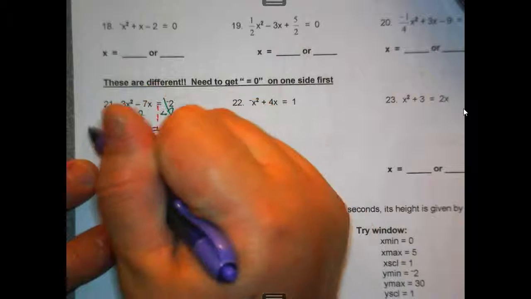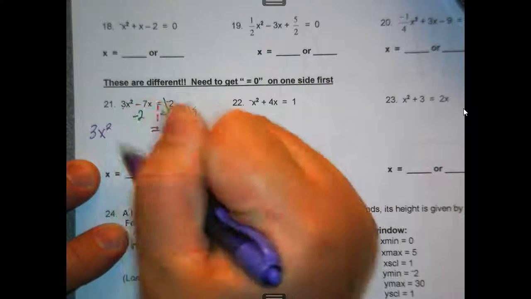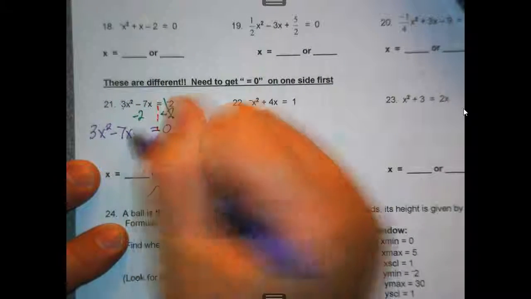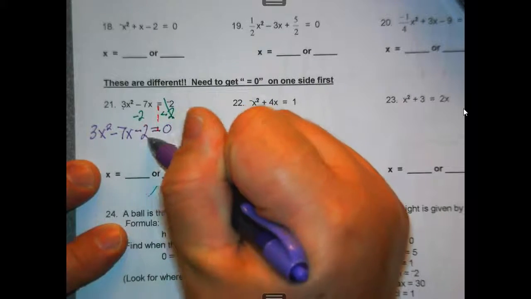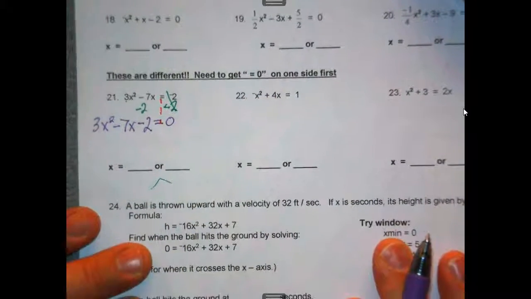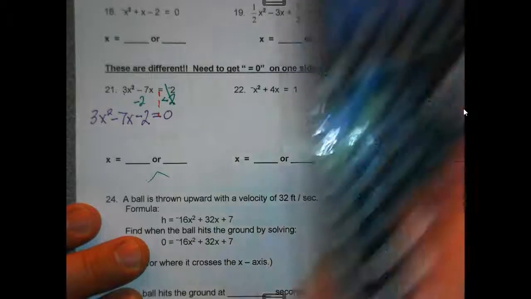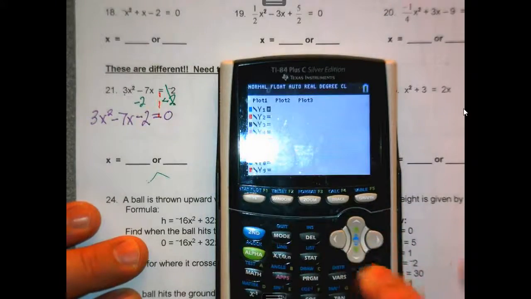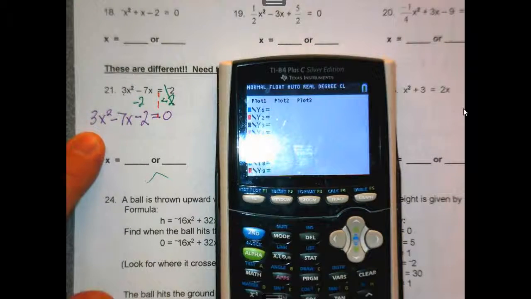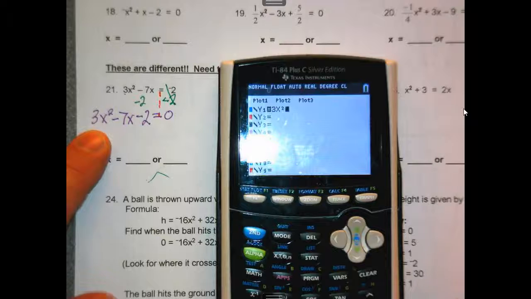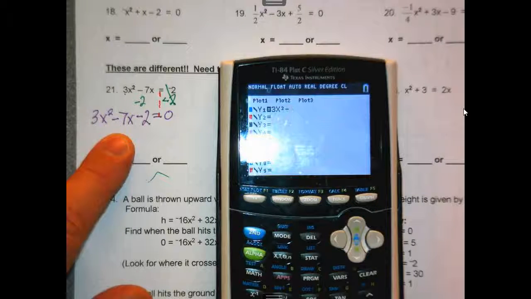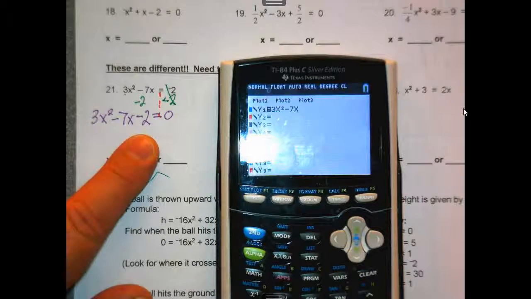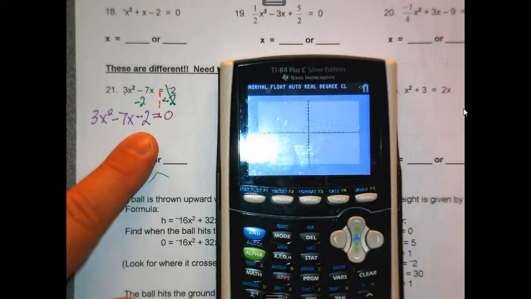I get 3x squared minus 7x minus 2. Now I can plug that into my calculator. 3x squared minus 7x minus 2. Hit graph.